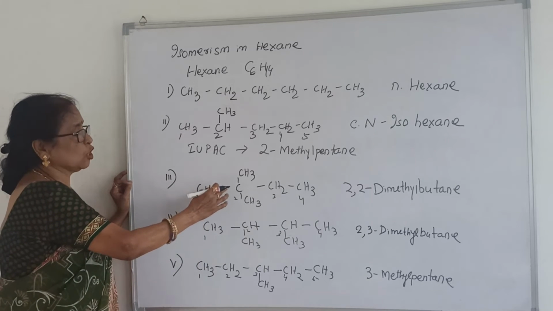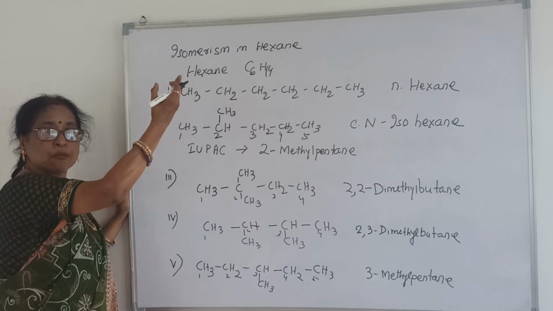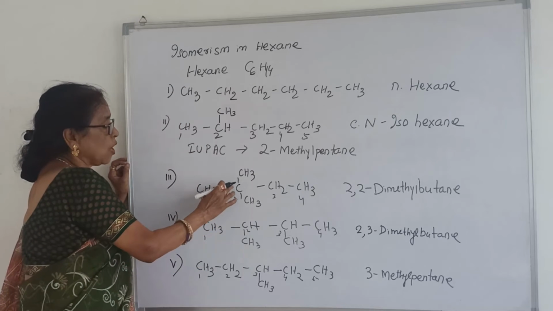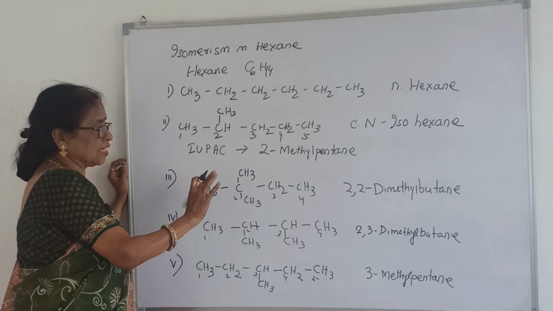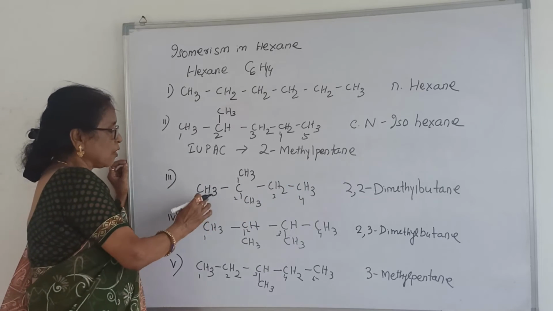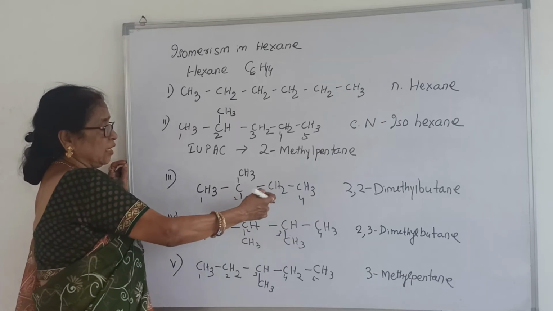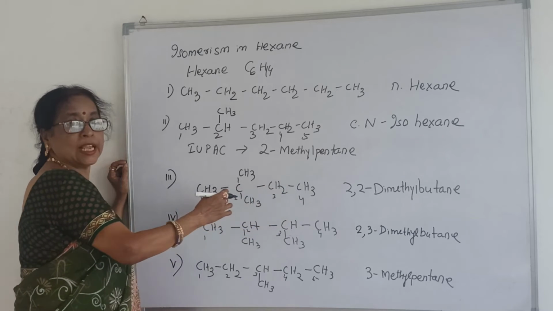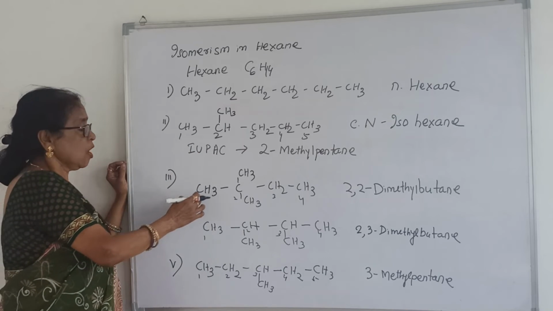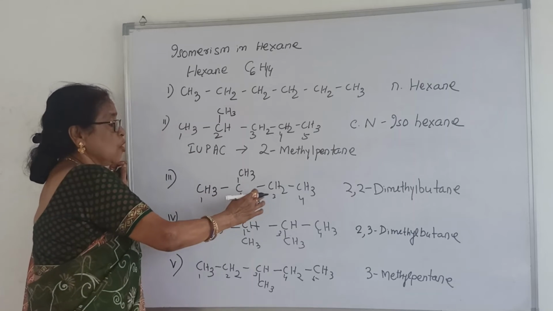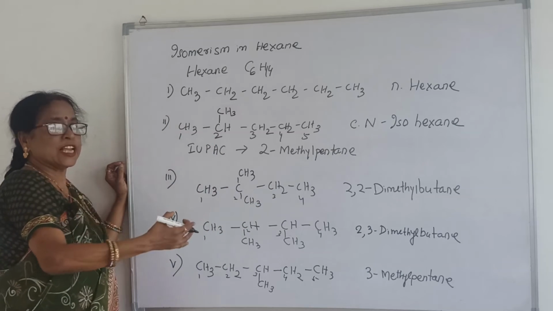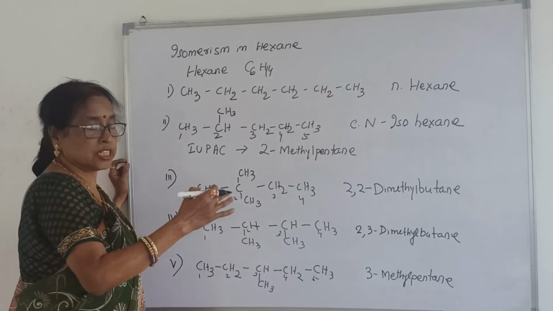Then come to this one. In the second position, a substituent, above 1 CH3 and below also 1 CH3. 1, 2, 3, 4 carbon satisfied. You can check all the carbons are satisfied. If you write this one 1, 2, 3, it is not nearer to the substituent. This side is nearer: 1, 2, 3, 4. So in 2 position CH3, in 2 position also another CH3.